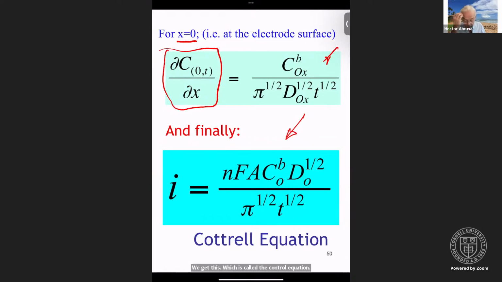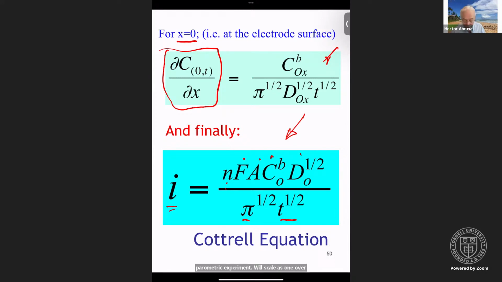And it tells us that the current is a function of, as usual, the number of electrons, Faraday constant, area of the electrode, bulk concentration, square root of the diffusion coefficient, the geometric factor, and the square root of time. Meaning the current in a potential step chronoamperometric experiment will scale as 1 over the square root of time.